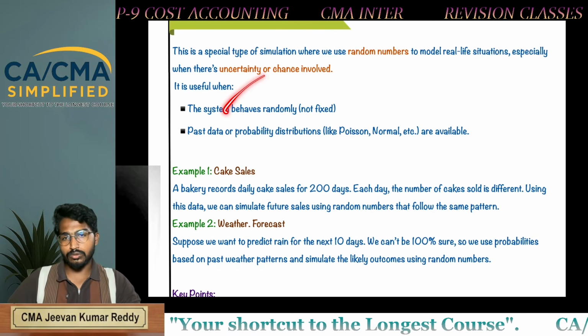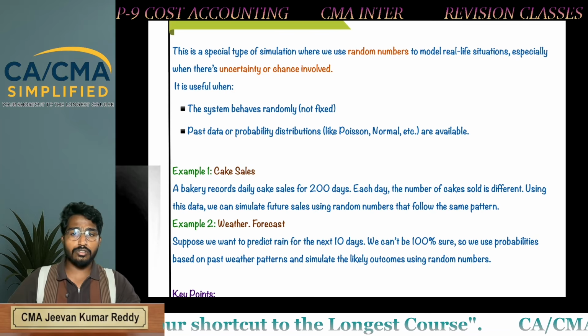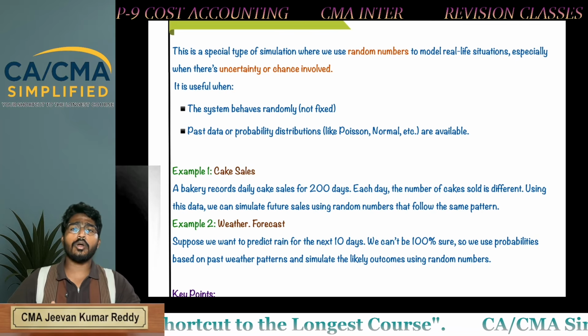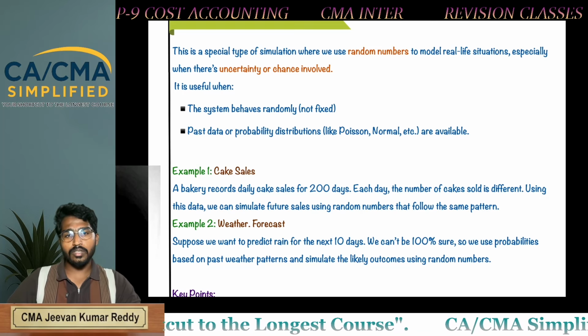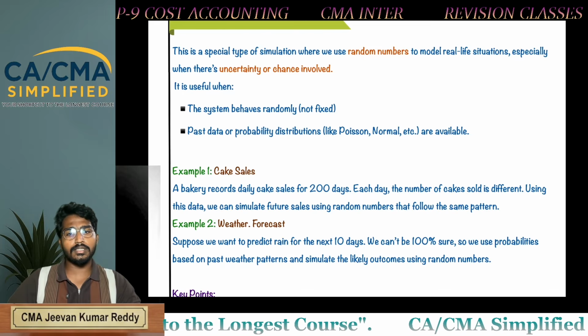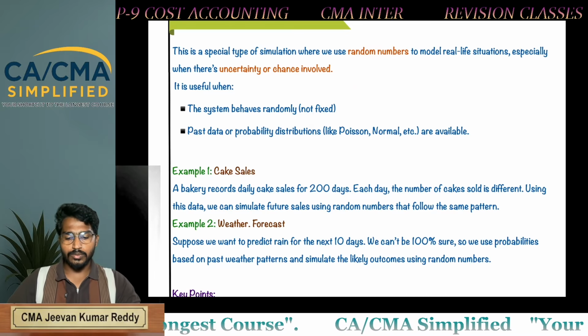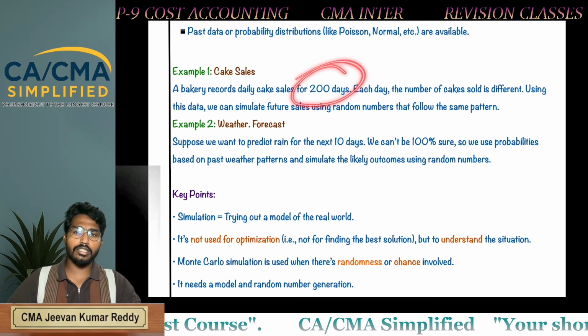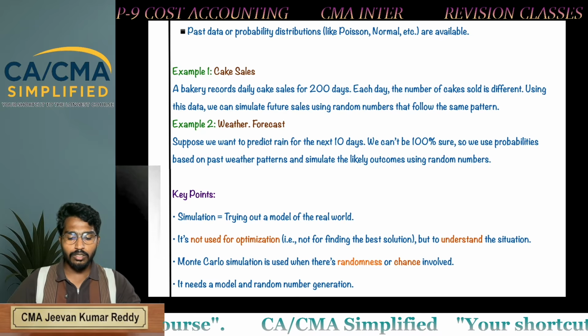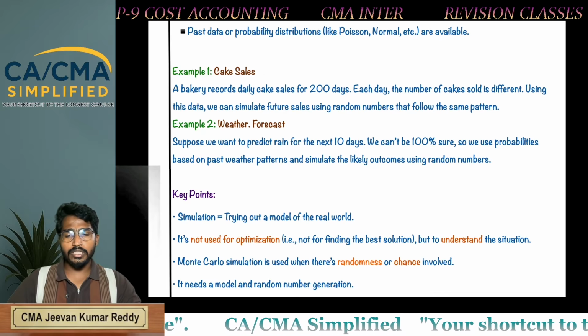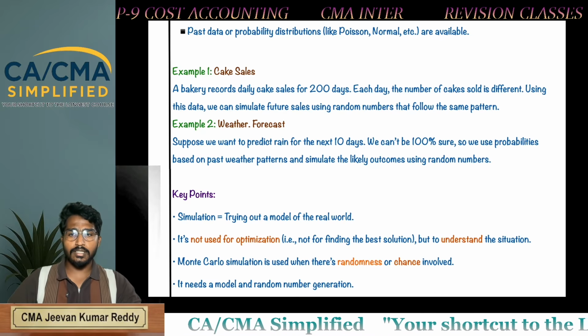It is used when the system behaves randomly and past data and probability distributions are given. So whenever we have past probabilities and random numbers given, we will use Monte Carlo simulation. Like based on the past 200 days data, we will predict next week or next 10 days cake sales.